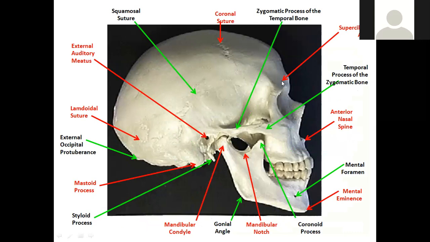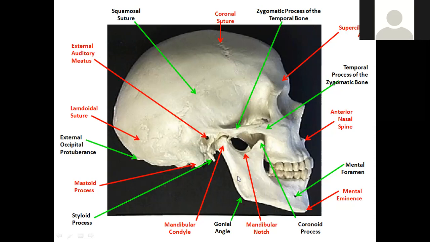Above the nose, the area is called the superciliary arch. At the chin, you call it the mental eminence. This is the mandibular notch, mandibular condyle, coronoid process. The angle can also be called the gonial angle.